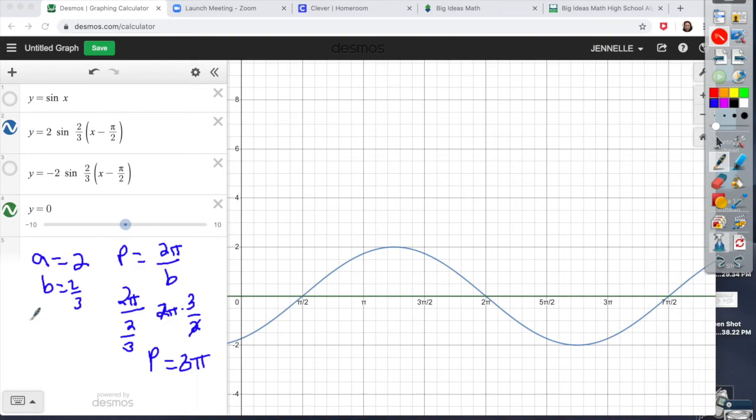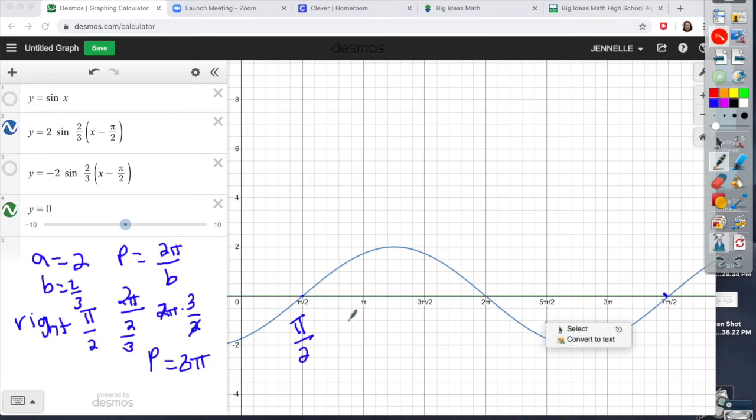So we can talk about the shift, right? So it is to the right, pi over 2 units. So that's why it's right here instead of the original, which is right here. So let's look at one of the periods. It says 3 pi. So from here, pi over 2, I'll write it so you can see it. This goes up to the maximum, down through the midline to the minimum, and then right over here.